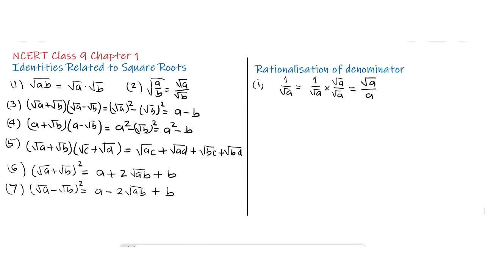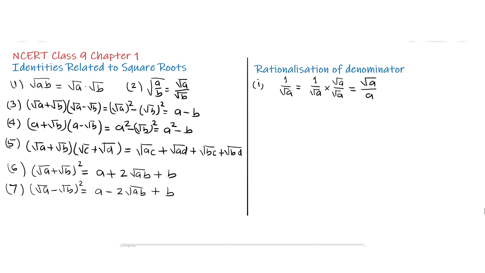Rationalization of denominator. So we rationalize the denominator like this. Part 1: 1 upon root A. We multiply root A to both numerator and denominator.